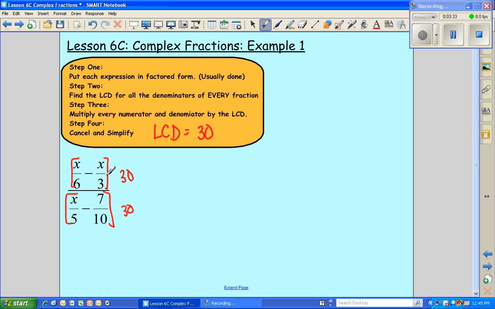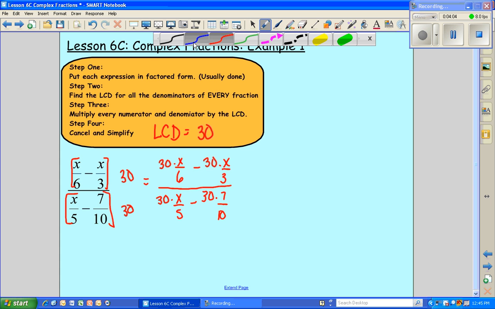And since those are two terms, we're going to have to distribute. So you have 30 times x over 6 minus 30 times x over 3, and then we're going to have 30 times x over 5 minus 30 times 7 over 10.